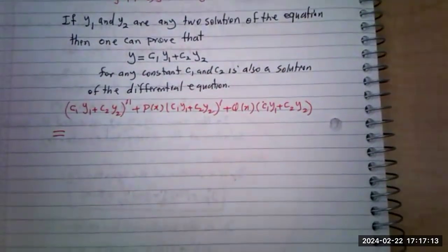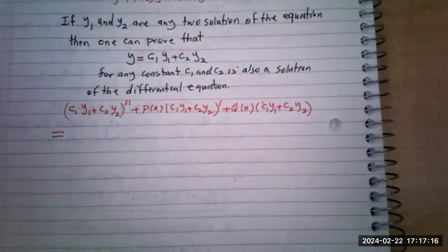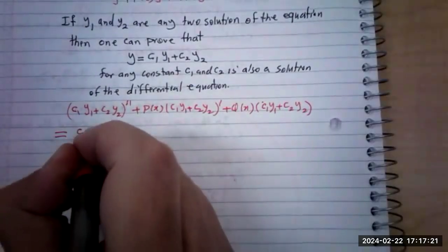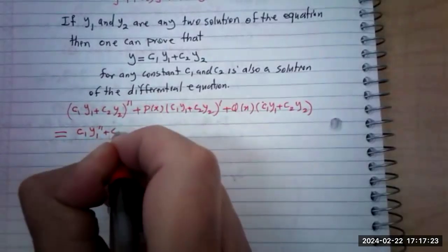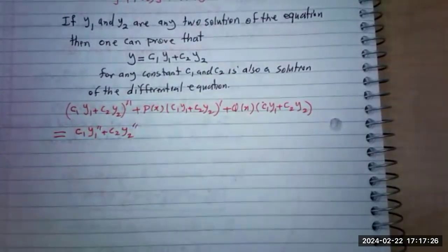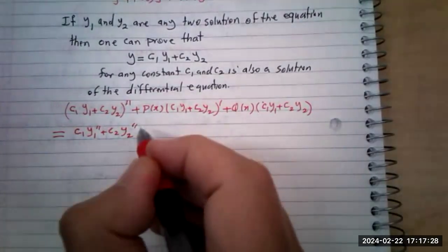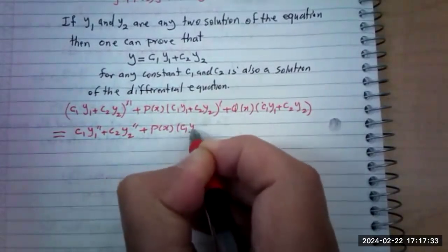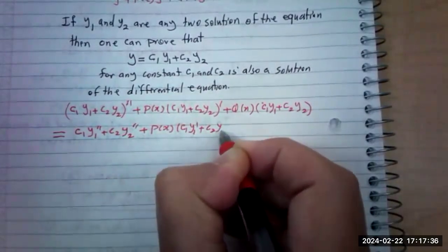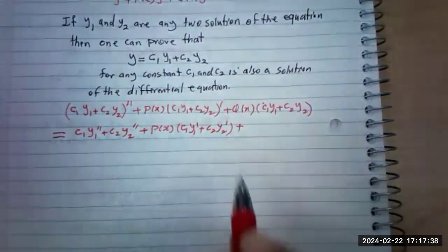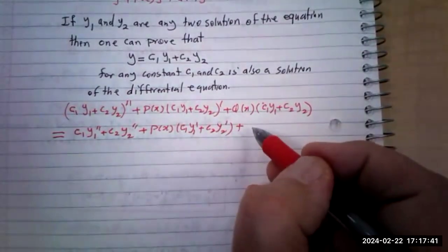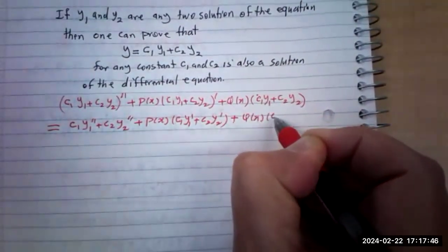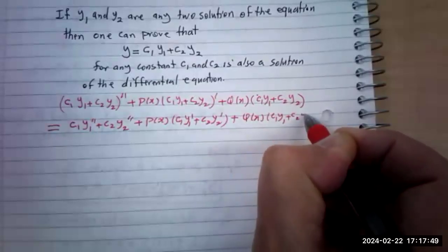The second derivative or the first derivative of a linear combination works the same way. So this is going to be C1 y1 double prime plus C2 y2 double prime, plus P of x times C1 y1 prime plus C2 y2 prime, plus Q of x times C1 y1 plus C2 y2.